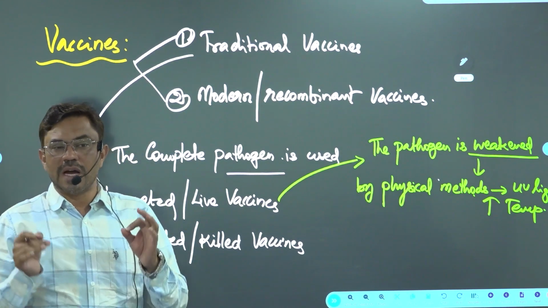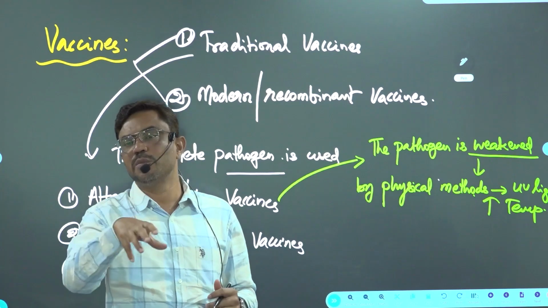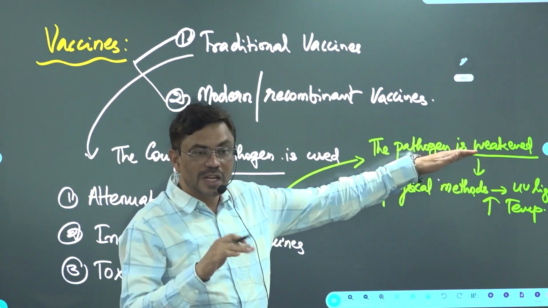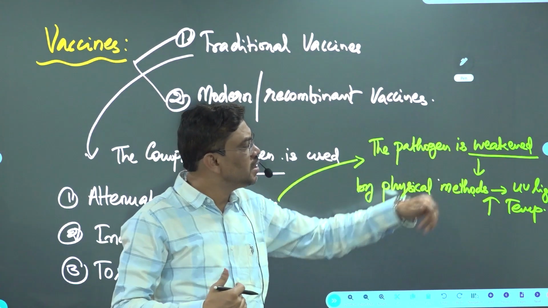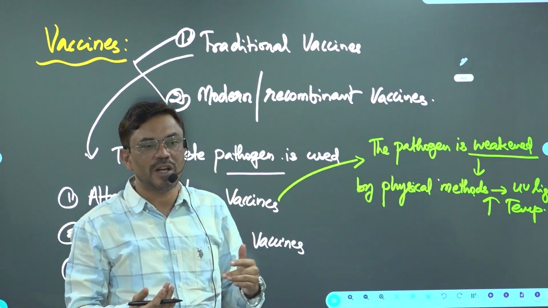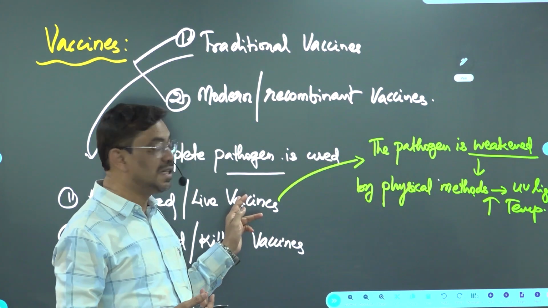When the pathogen is exposed to UV light or high temperature for a short period of time, the vigor of this pathogen will be reduced. The virulence, meaning the disease causing capacity of the pathogen, will be decreased. These types of vaccines are called live vaccines.